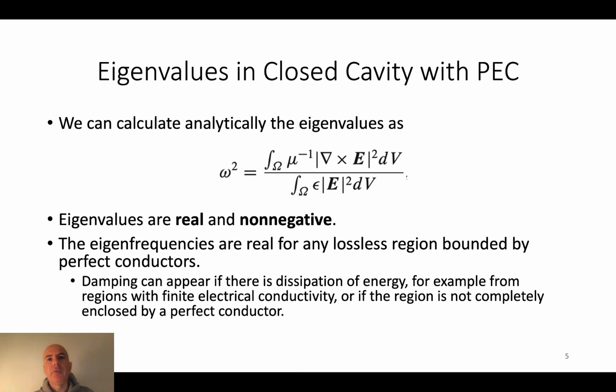An important point I want to make is that when the operator is self-adjoint, then eigenvalues are real and non-negative. So this is quite important. The eigenfrequencies are real for any lossless regions bounded by perfect conductors.